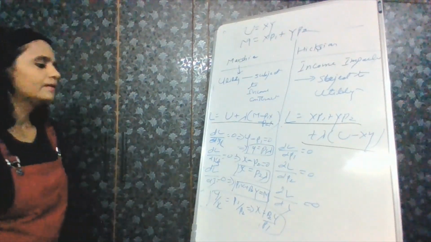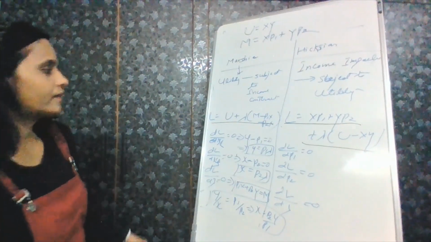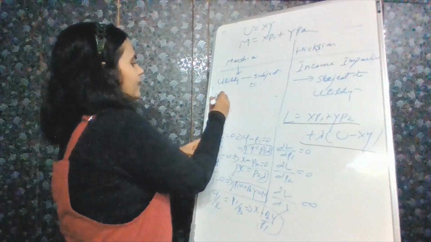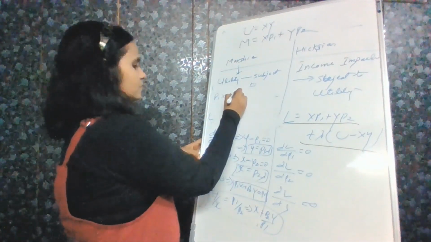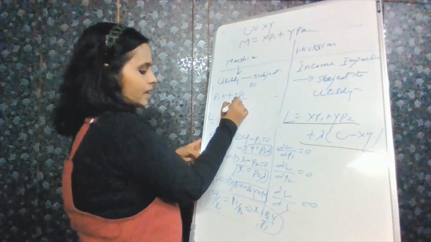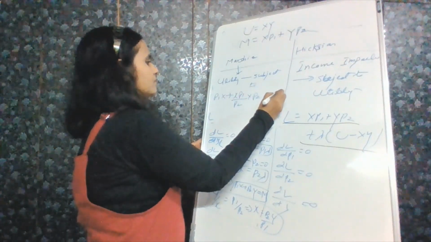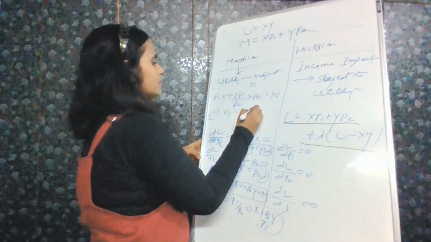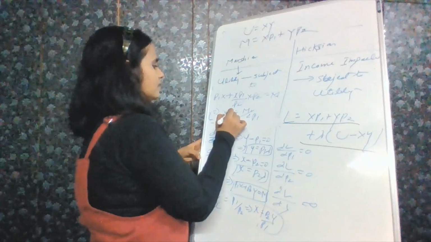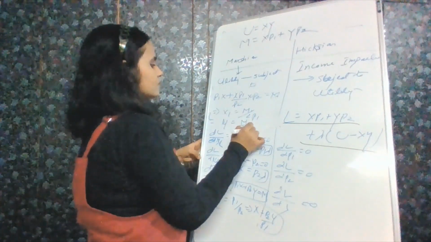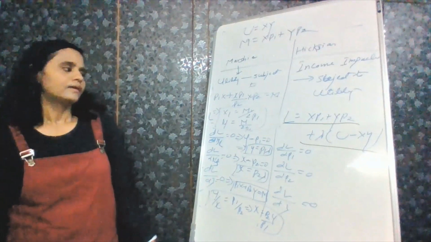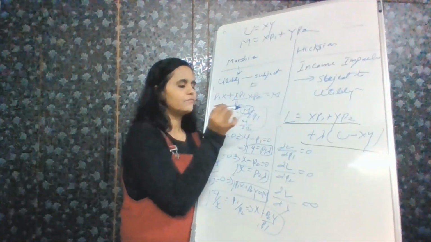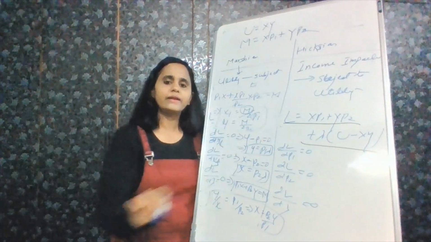Substituting into p1x plus p2y equals m, we get x equal to m by 2p1 and y equal to m by 2p2. So x and y, your demand functions, are now a function of m, which is your income, and of prices, both income and prices.